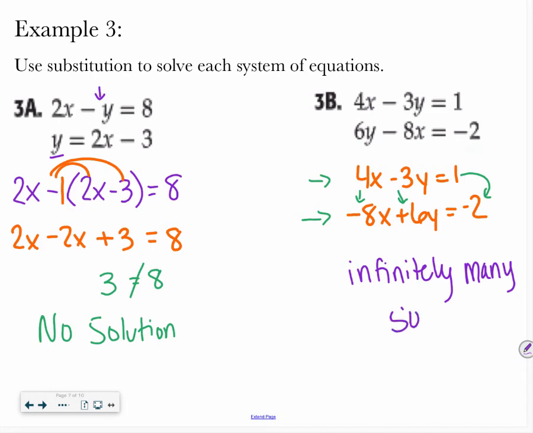That means that those two equations will give you the same line. So check to see, is there any way that these equations are related? That's a good thing to check right away before you even start moving anything.